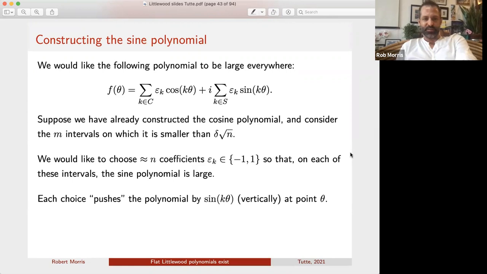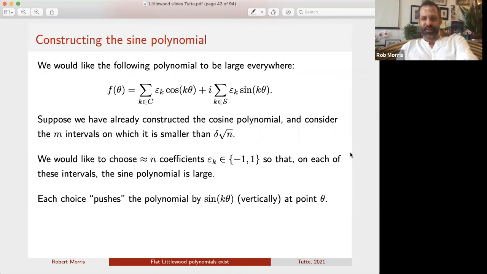Right? Okay, so what does each choice do? So how are we choosing? When you choose an epsilon k, you're pushing each of these intervals vertically by sine k theta. Well, what's sine k theta? It's just some number between -1 and 1.